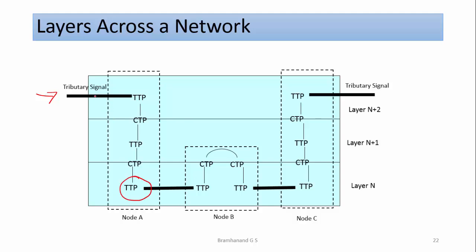Suppose this is E1, then I would have AU4, it can sit in my AU4 CTP, and finally in my VC4 TTP, then sit in maybe a higher order STM-N, and keep going. The same process of demultiplexing happens in the destination node.